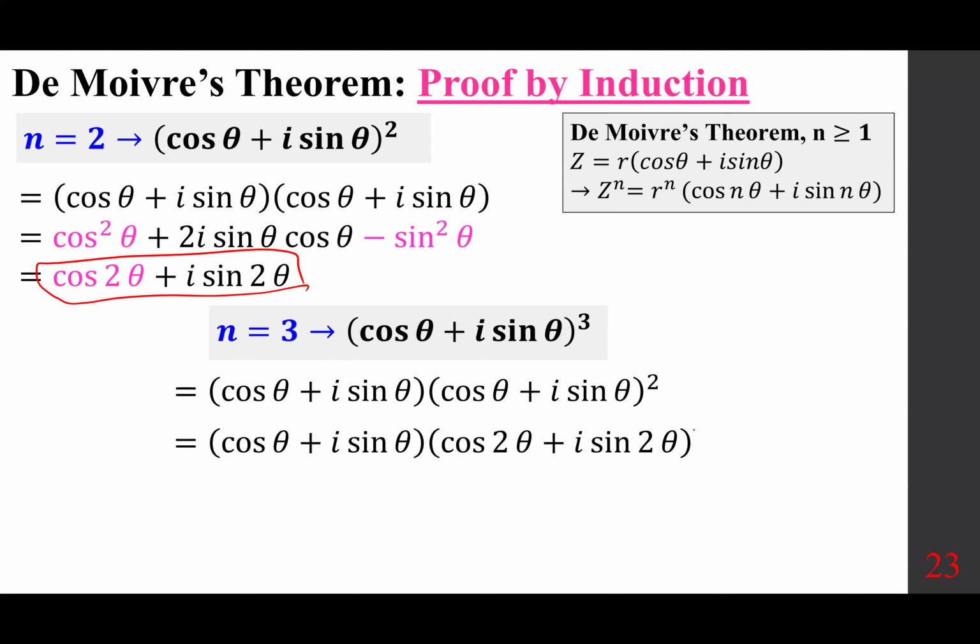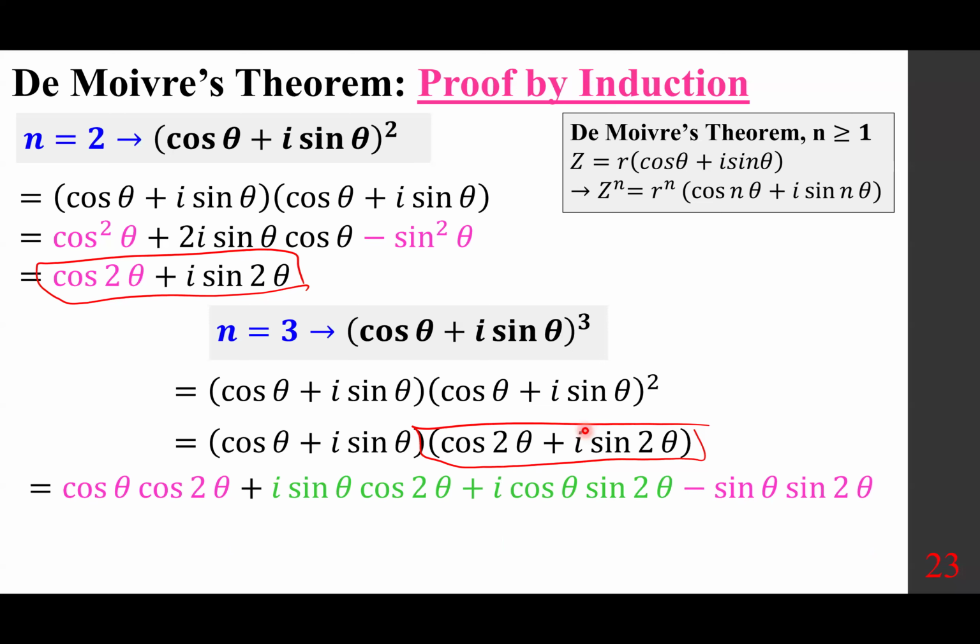We get cosine theta cosine 2 theta plus i cosine theta sine 2 theta. Then multiplying the other term, we get i sine theta cosine 2 theta, and i squared sine theta sine 2 theta. i squared is -1.